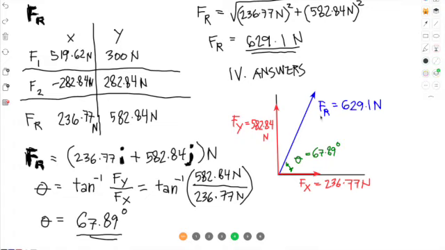Okay, so this is our vector. We can see its direction, the angle, and also we have solved for the magnitude of it. What remains is to write it down in its Cartesian vector format, which is Fr. So this is what is expected of you in your solutions. Okay, so the drawing of the vector as well as the Cartesian vector form.